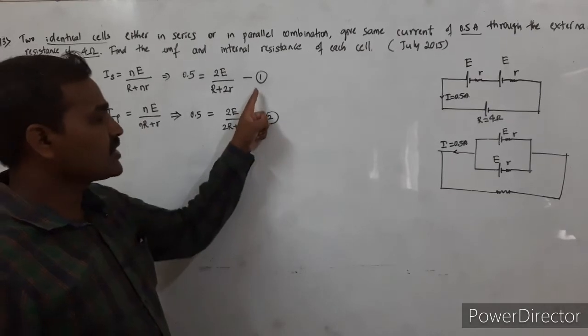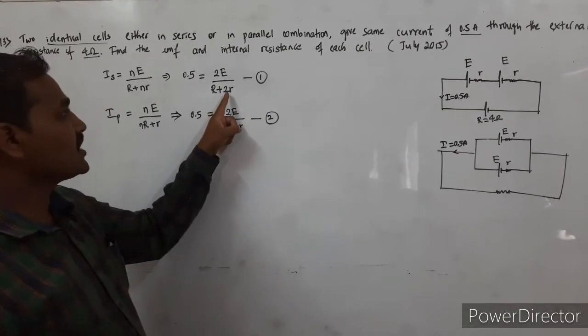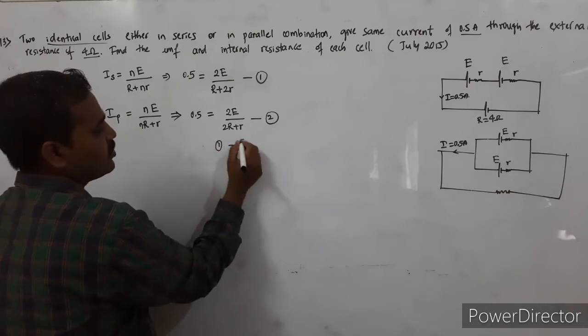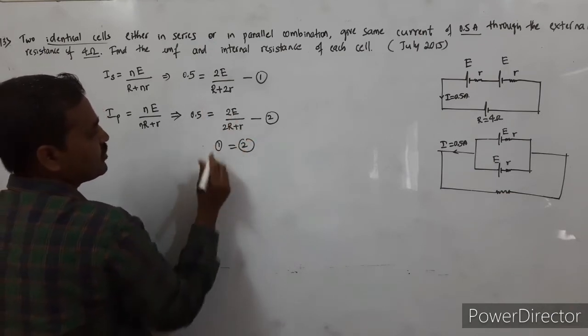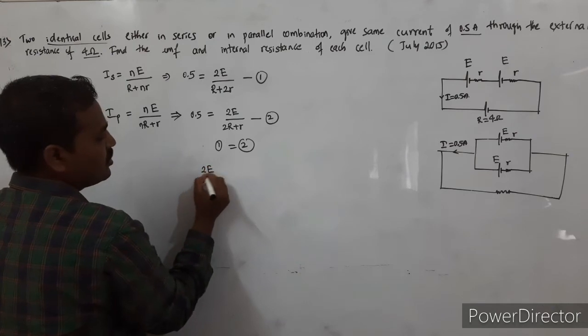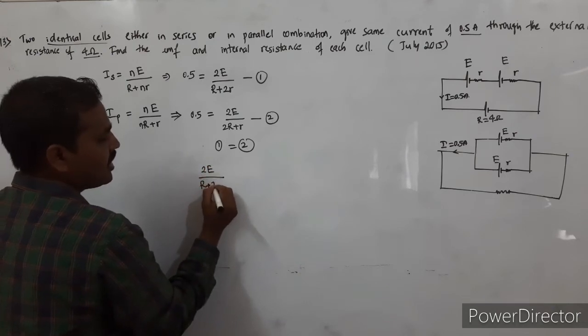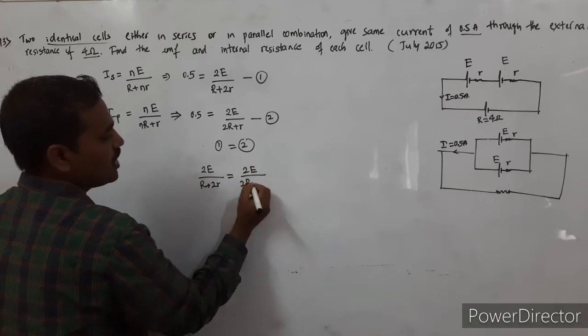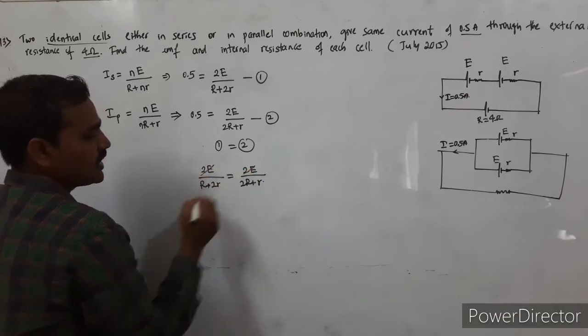Comparing equation number 1 and 2, I can equate them. Equating the RHS of equation 1 and 2, I can write 2E divided by R plus 2r is equal to 2E divided by 2R plus r. These two get cancelled here.